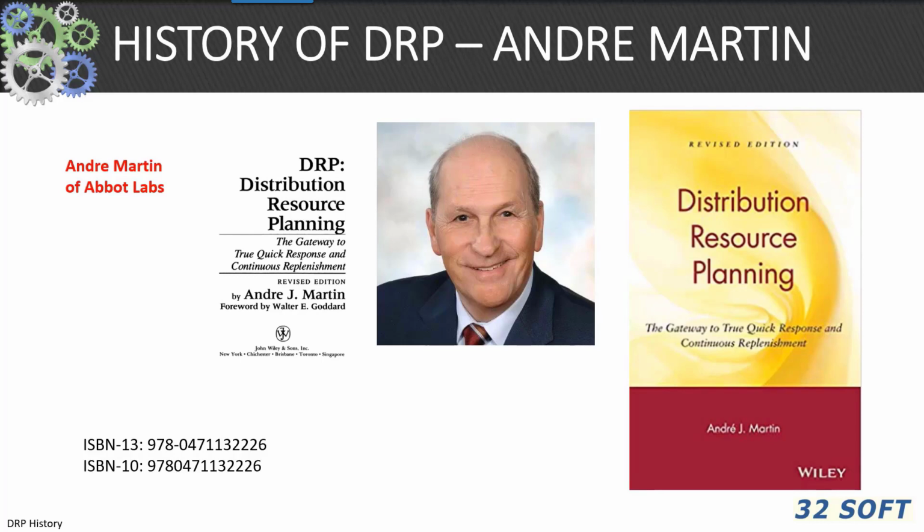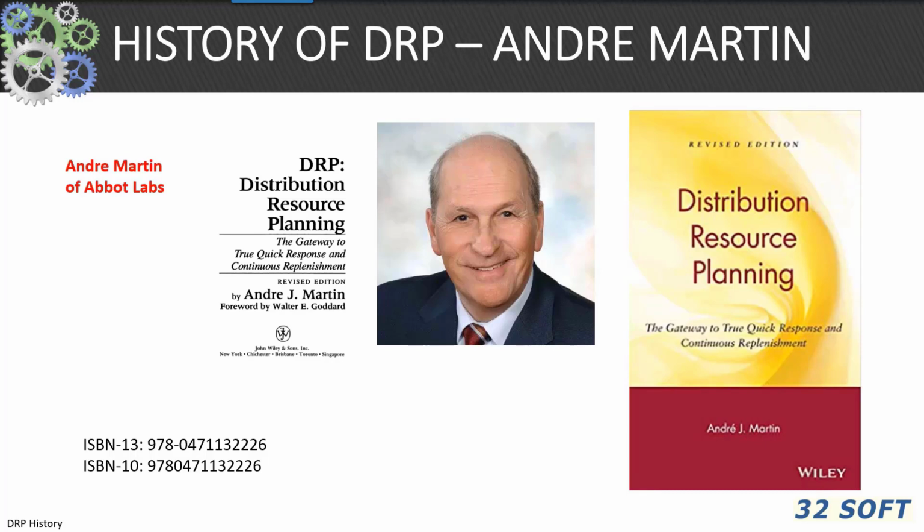The origin of the DRP process was developed as a planning tool by a gentleman named Andre Martin at Abbott Labs in the 1970s. Andre is considered the father of DRP. He's consulted for over 35 years in terms of defining and successfully implementing customer programs.